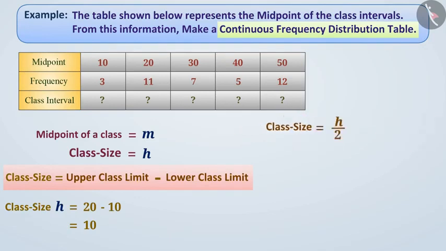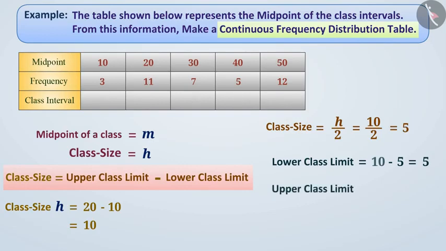H divided by 2 equals 10 divided by 2 equals 5. If we subtract this difference from the midpoint, we will get the lower class limit: 10 minus 5 equals 5. Similarly, if we add this difference to the midpoint, then we get the upper class limit: 10 plus 5 equals 15. In this way, we get the first class interval 5 to 15.